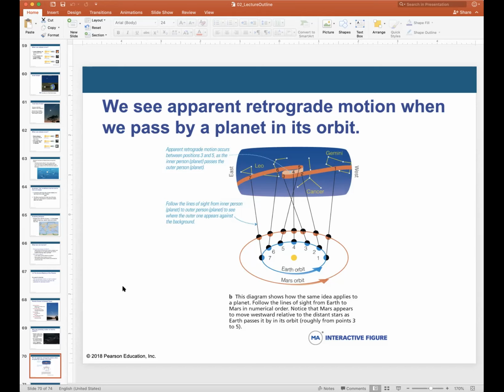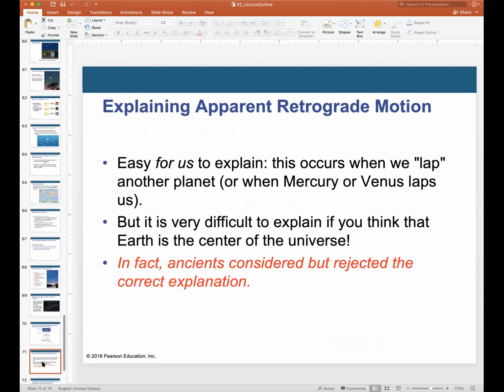And it's called apparent retrograde motion. So it's easy for us to explain because this occurs when we lap another planet or when Mercury or Venus laps us. But it is very difficult to explain if you think that Earth is at the center of the universe.